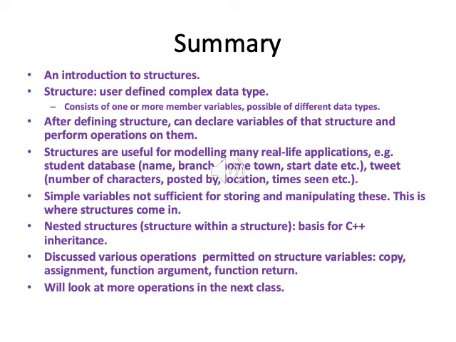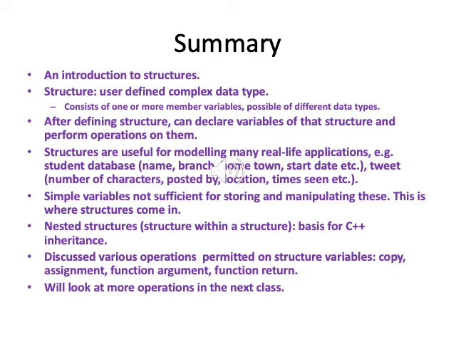We also saw that structures can definitely be nested. It is not necessary that the member variables of a structure are of simple basic data types like ints, chars, and floats. The members of a structure can definitely be structure variables themselves.